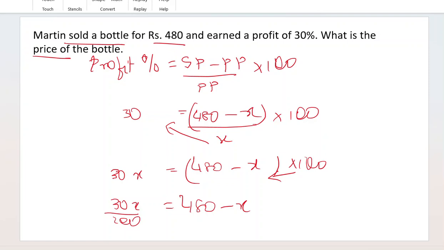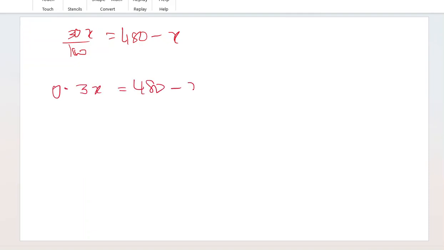So what I have done is I have taken the X there to make it 30X, and brought the 100 down to do 30X upon 100. When I do 30 upon 100, I get 0.3X is equal to 480 minus X. Now I bring this X this side because it is a variable.